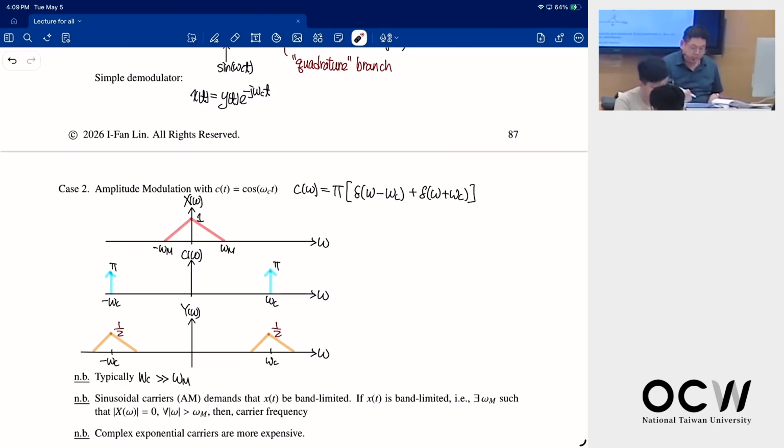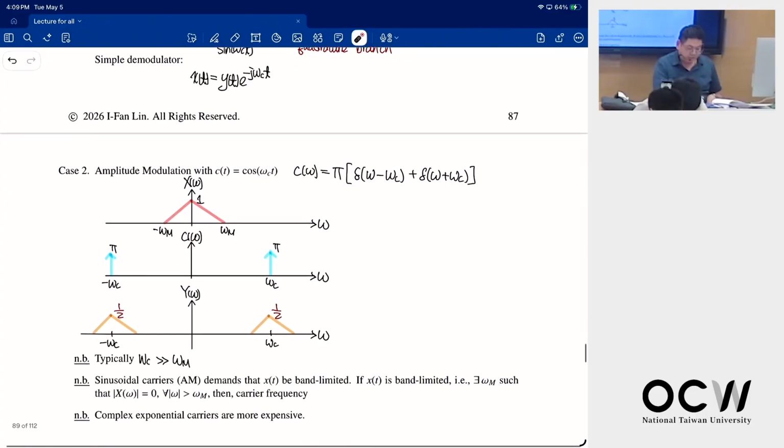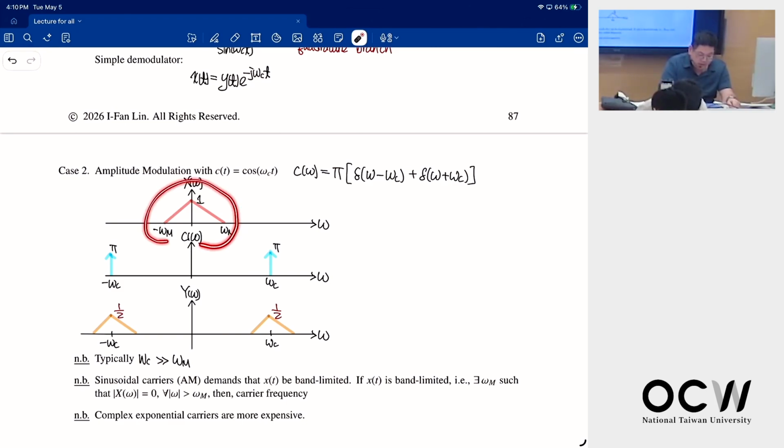And also because the complex exponential carriers are more expensive, normally people just use this cosine. But once I modulate that signal, how do we do the demodulation? Because we still want to get my signal back here. So if we modulate, how do we demodulate?